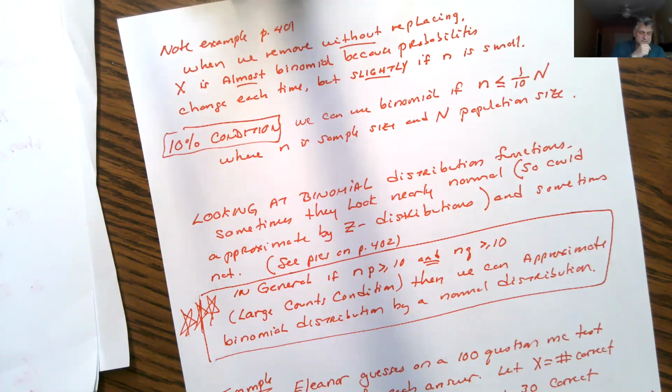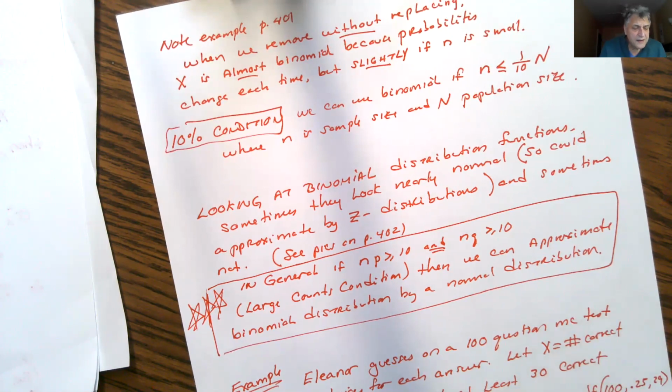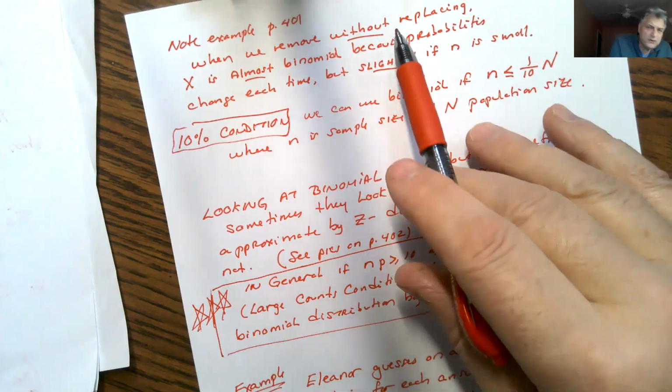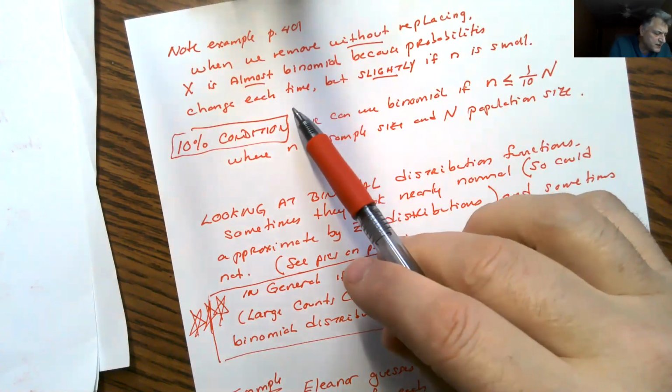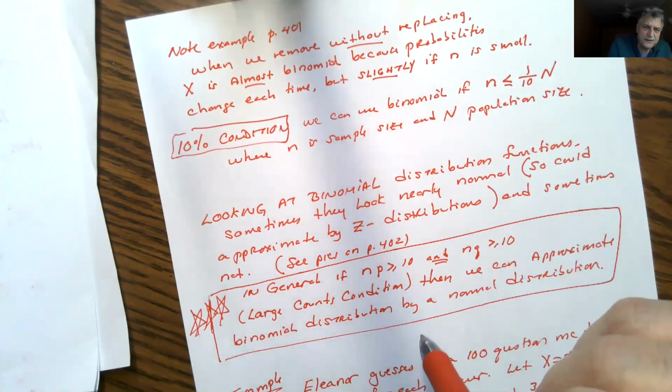However, if you're picking people from the population to poll, you're going to pick, let's say, one person out of thousands, right? Technically, X would not be a binomial random variable because the probability would change each time. However, since the population is so big, the probability just changes minutely each time. So for all practical purposes, it is binomial. So when we remove without replacing, X is almost binomial because the probabilities change each time, but slightly, okay?